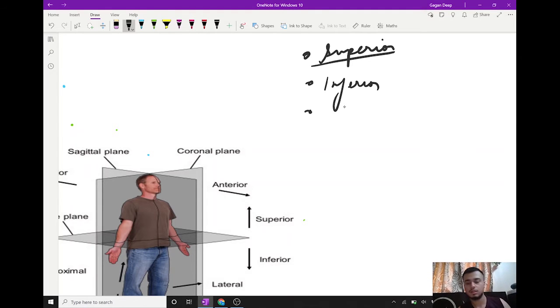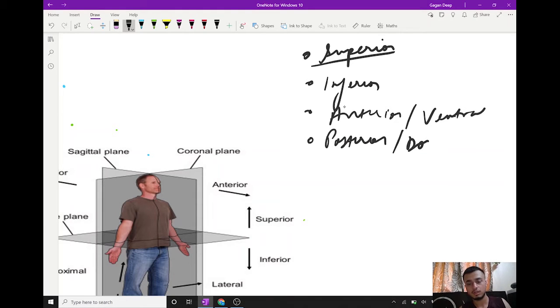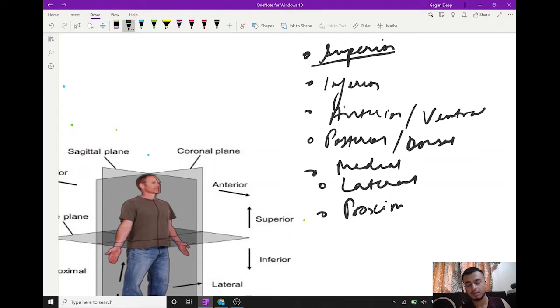We have also discussed anterior, also known as ventral. We have also discussed posterior, also known as dorsal, what's medial, what's lateral, proximal, near to the body, and distal.